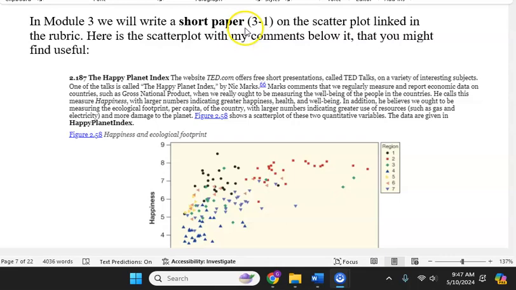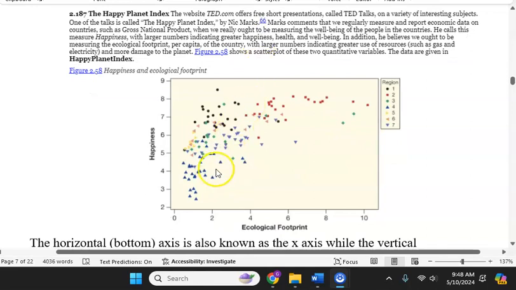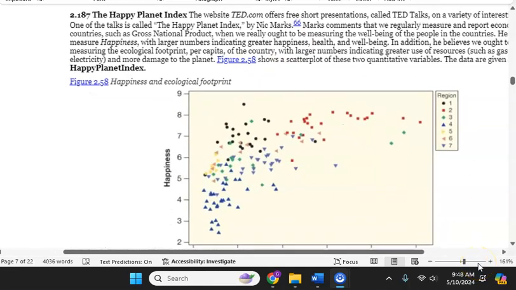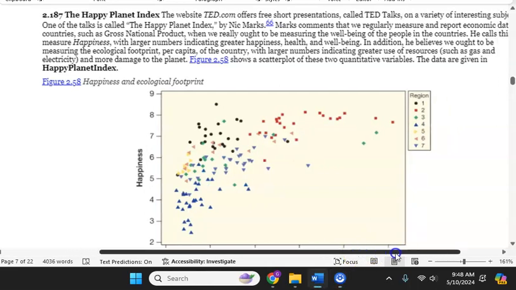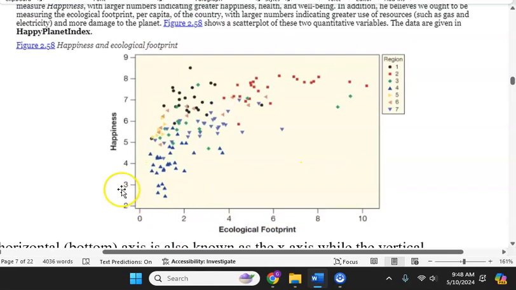So the one assignment is the short paper 3-1 on what is called a scatter plot, looking at different countries and their ecological footprint on the horizontal axis and happiness on the vertical axis.